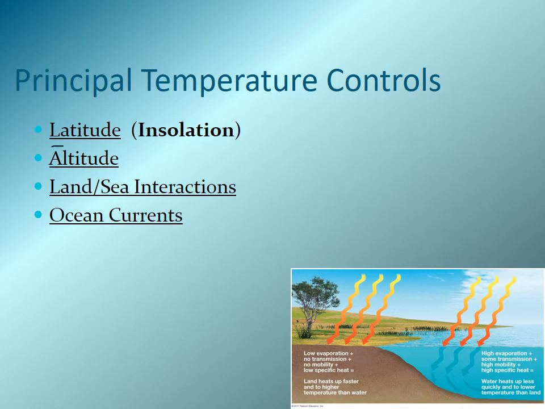We're going to look at latitude, which you already know what that is, but that latitude is linked very much to insolation. We're going to look at altitude, land and water, or land and sea interactions, how that actually will influence temperature, and ocean currents. But on this slide, I want you to just remember that the most important control of temperature is latitude.